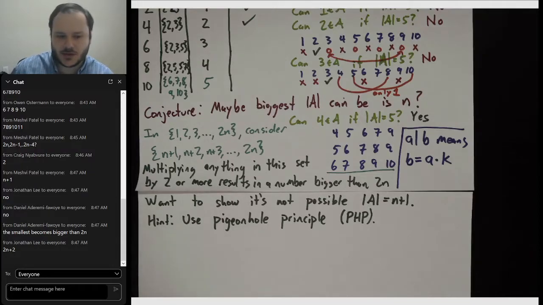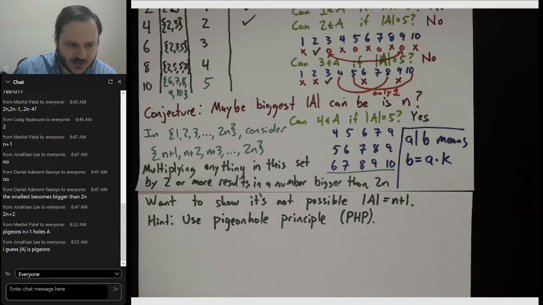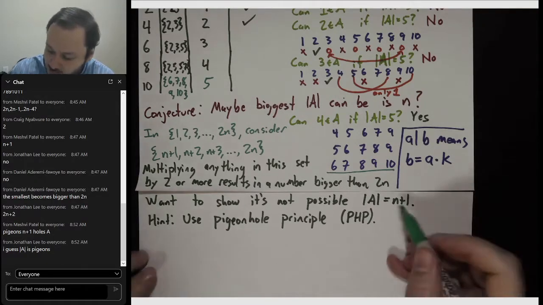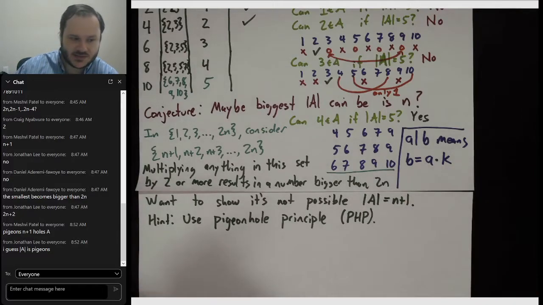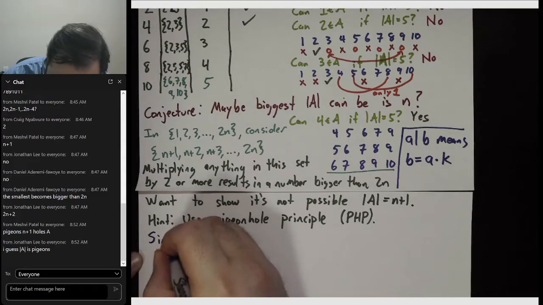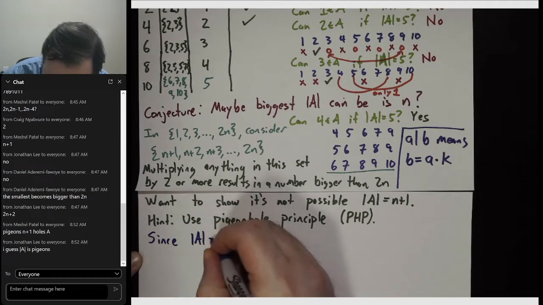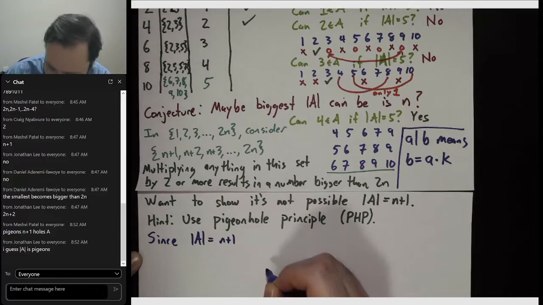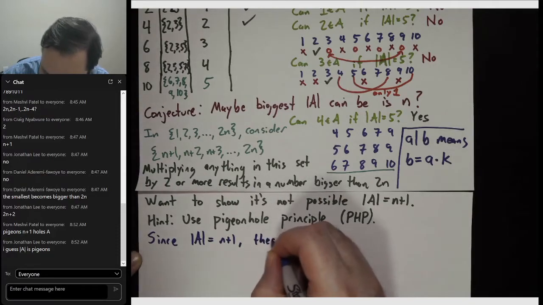So just as a reminder, pigeonhole principle says if you have n plus 1 pigeons and n holes, then some hole has got to have 2 pigeons. Yeah, right? So n plus 1 should set off some alarm bells. Somehow the elements of A are going to be our pigeons. Since size of A equals n plus 1, these are our pigeons.